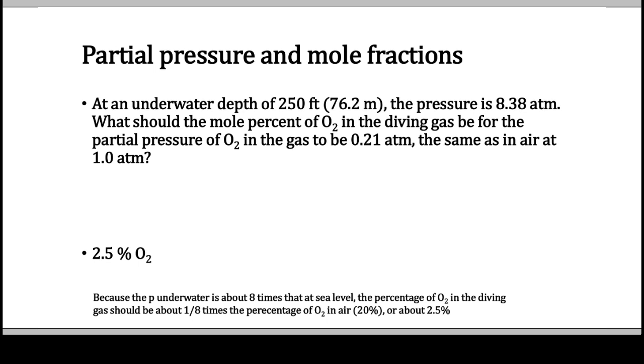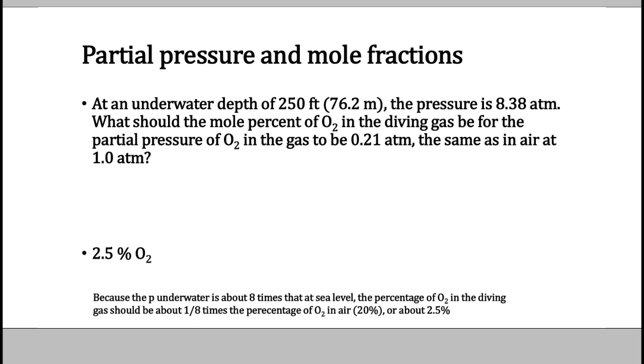Okay, well, here we're going to have to recall that the pressure of 1, which in this case would be oxygen, is equal to the mole fraction of 1 times the total pressure. So it's asking for the mole percent, so we're going to find the mole fraction first. Well, we know what the partial pressure is. It's 0.21 atmospheres. We don't know what the mole fraction is.